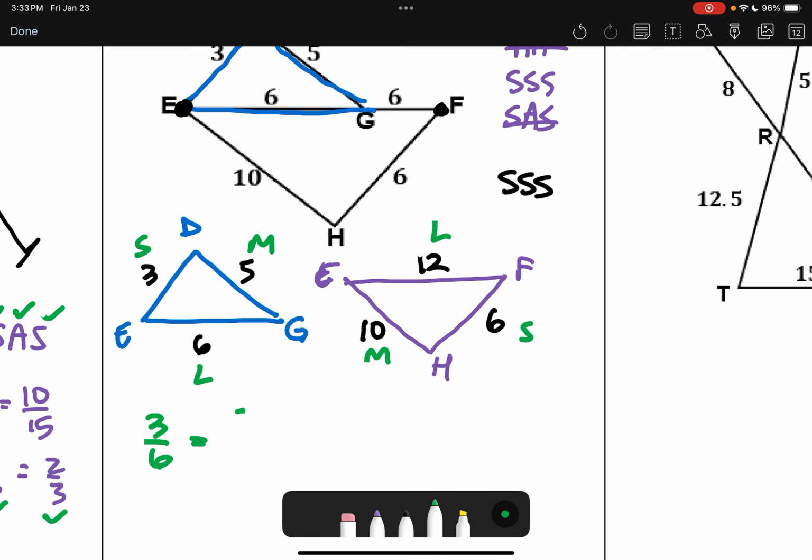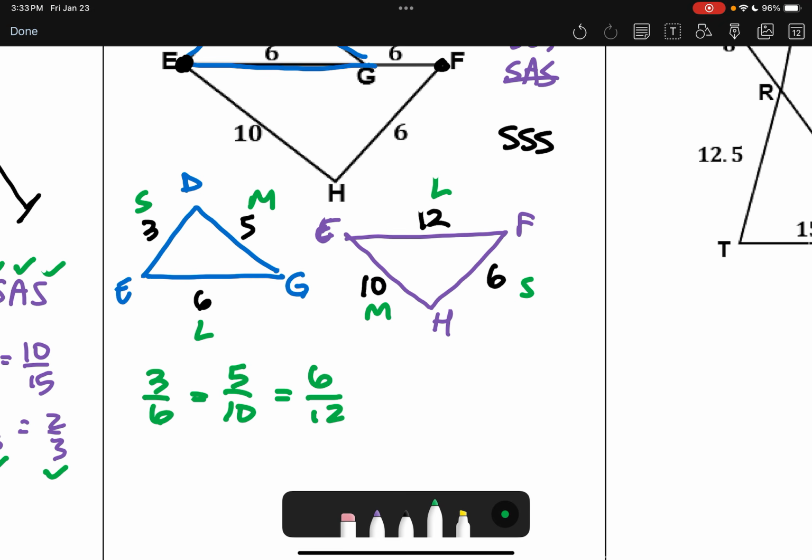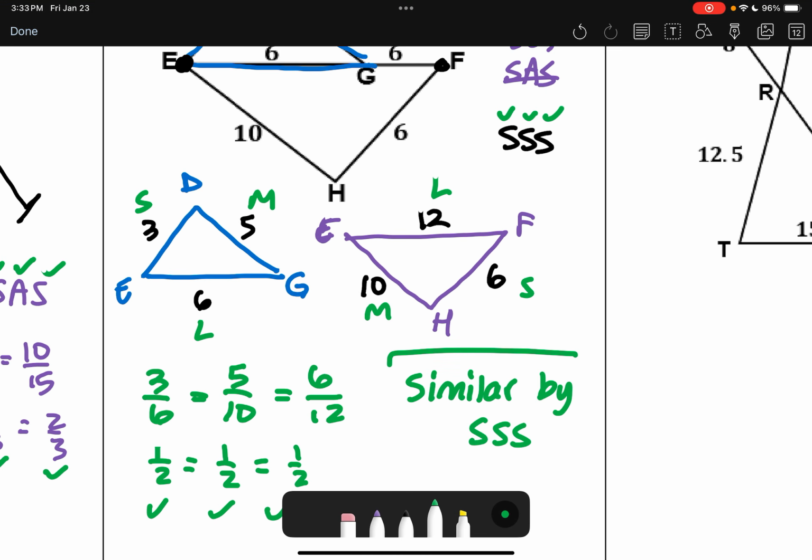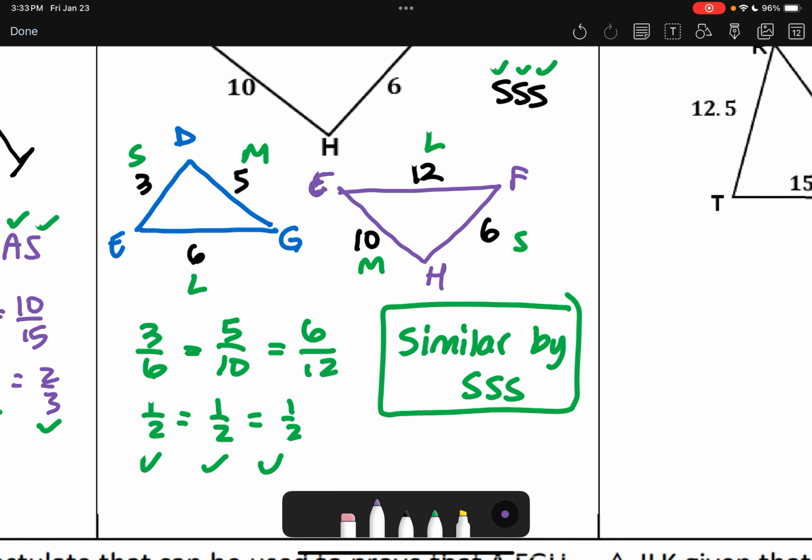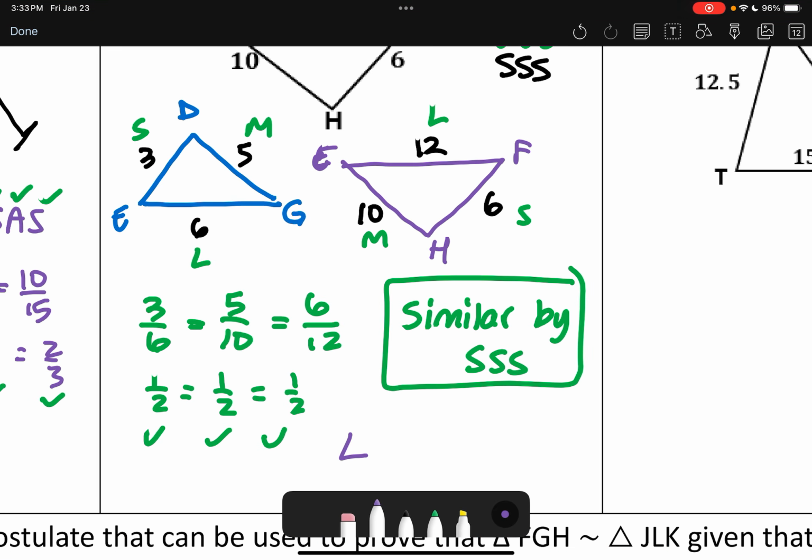Medium over medium would be 5 over 10. Large over large would be 6 over 12. Now simplifying each of these fractions, we get 1/2, 1/2, 1/2. That is 3 pairs of sides that are proportional. That takes care of all 3 S's. So similar by SSS.